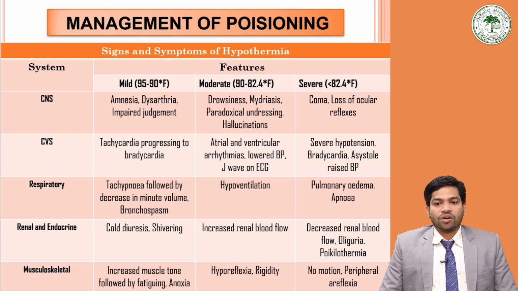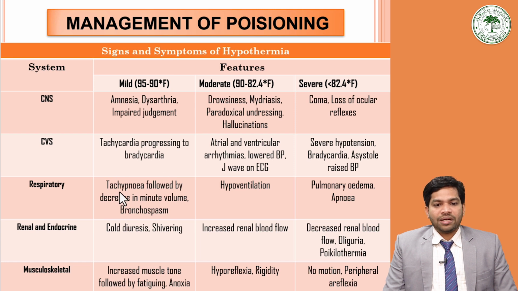Coma and loss of ocular reflexes may be seen in case of severe hypothermia, that is temperature below 82.4 degrees Fahrenheit. Serious features in case of mild hypothermia may be tachycardia progressing to bradycardia.